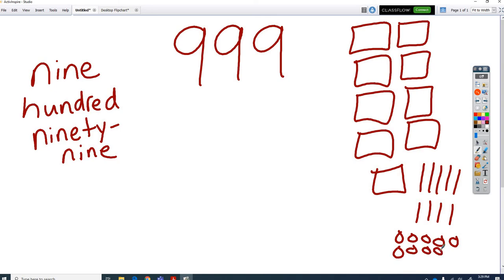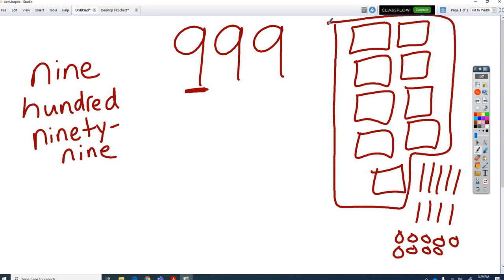There's those 3 ways. But I can also do that expanded form, which is the new way. And to make 999 in expanded form, this is what I have to think about. I have to think, okay, that 9 that's in the hundreds place, these 900s right here, how much are they really? Is it just 9?